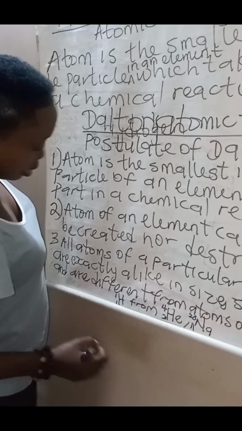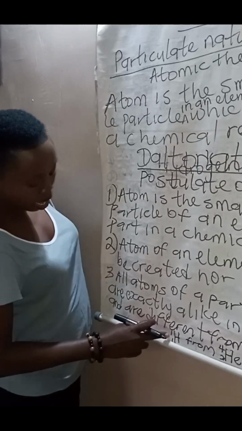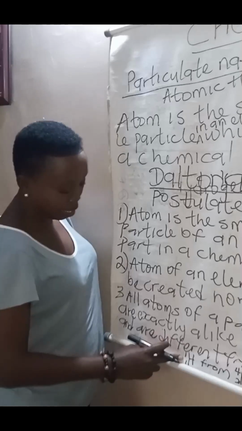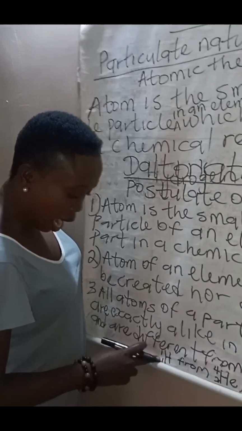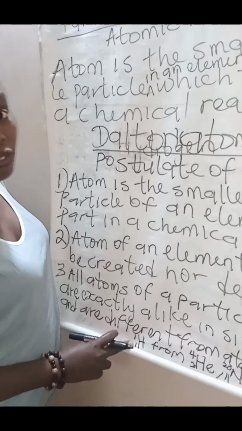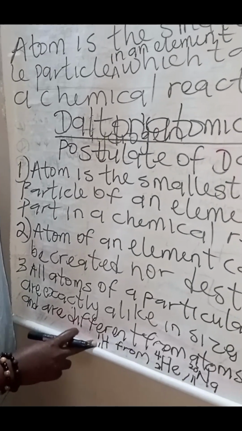Our element hydrogen has atomic number of 1 and mass number of 1. That is what this is telling us.